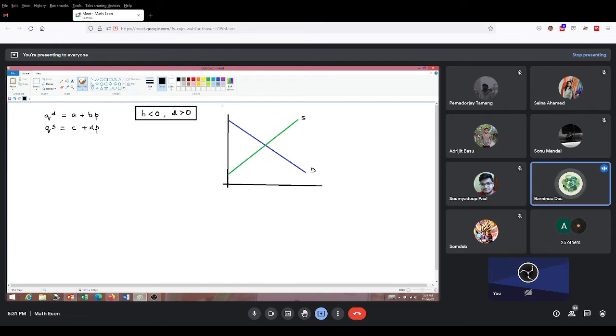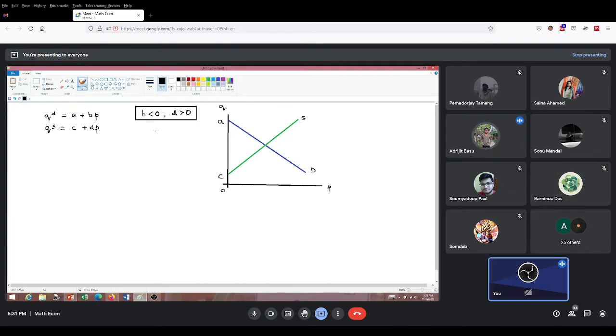Sir, isn't it the intercept? If we write Q over here, it is the intercept there. Yes, it is the intercept. So this is A and this is C.